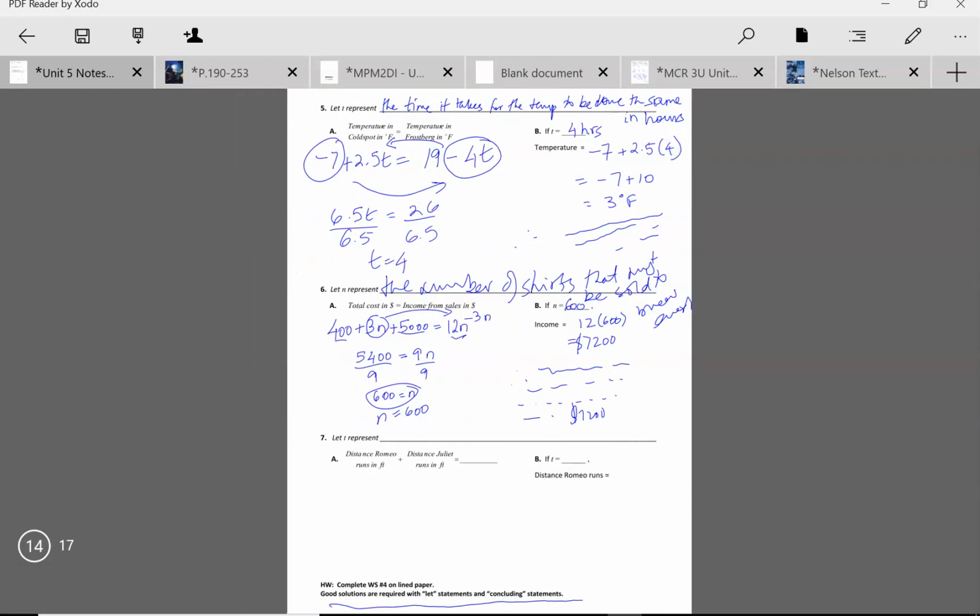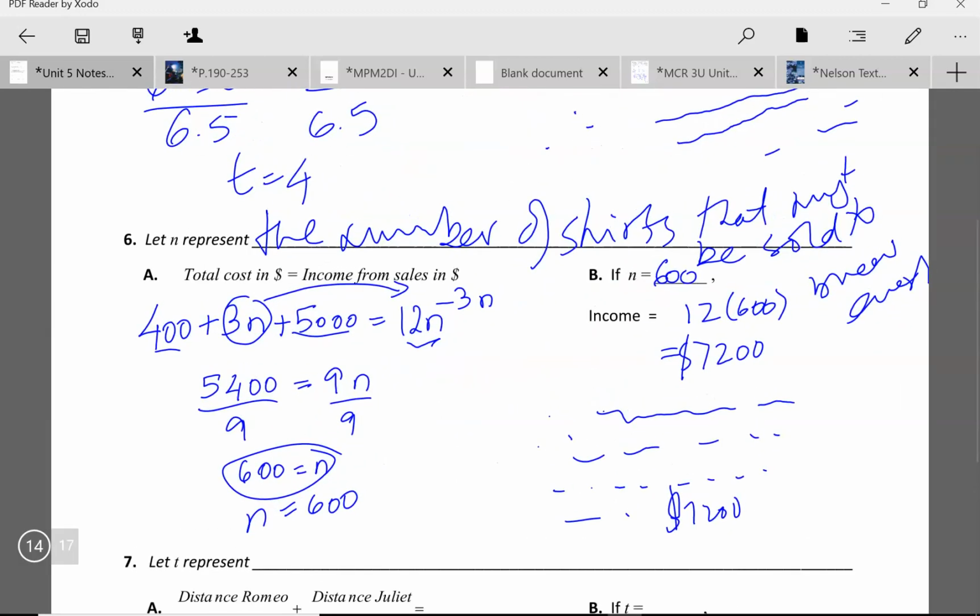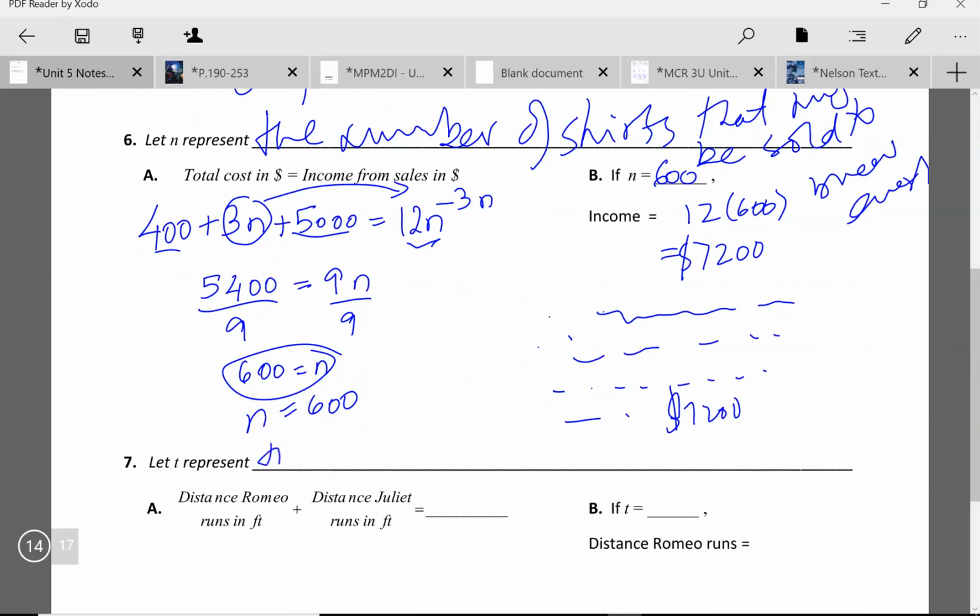Anyway, let t represent the time taken for Romeo and Juliet to meet in seconds, because our units were per second, so the time has to be in seconds.